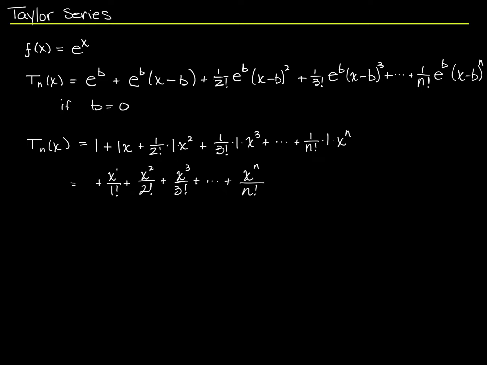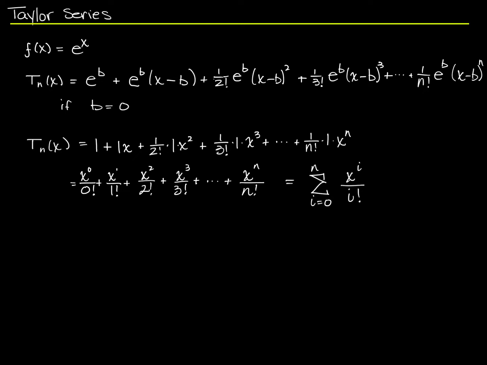And I can even write the first term as x to the power of 0, because anything except 0 to the power of 0 is 1, over 0 factorial, which we've defined as being equal to 1. And then that lets me write this as a summation, as i goes from 0 to n of x to the power of i over i factorial.